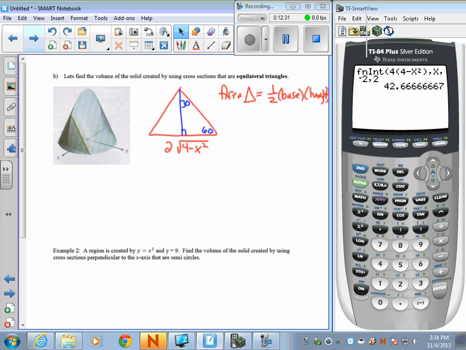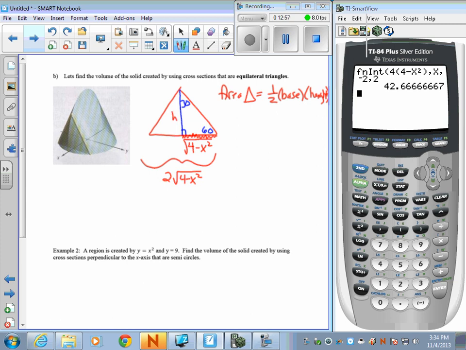Now, in my 30, 60, 90 triangle, let me go ahead and erase that for just a moment. I know that the entire base is 2 square root of 4 minus x squared, but that should tell me how big this is right here. That should be half of that. So that's the square root of 4 minus x squared. Now for my 30, 60, 90 triangle, we should know our ratios, hopefully.